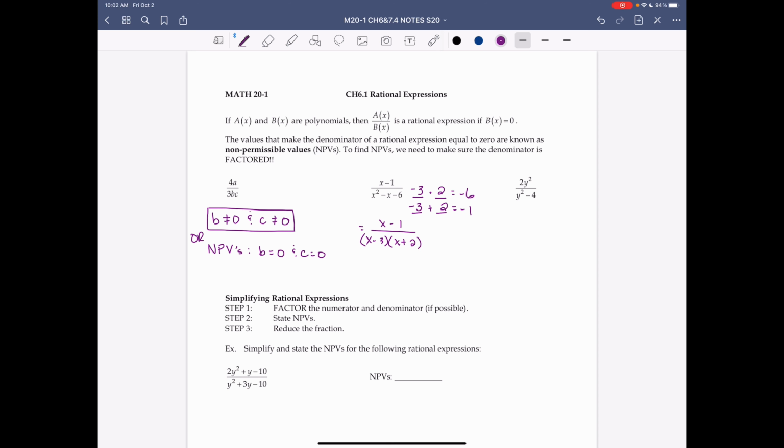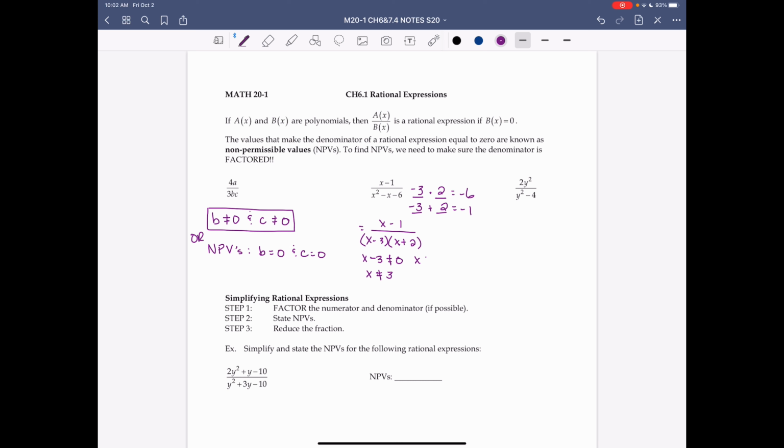We can't have our denominator equal to 0. What would make the denominator equal to 0? If either of our factors was equal to 0, because then we'd have 0 times some other number, which would be 0. So x minus 3 can't equal 0, which means that x can't equal 3.